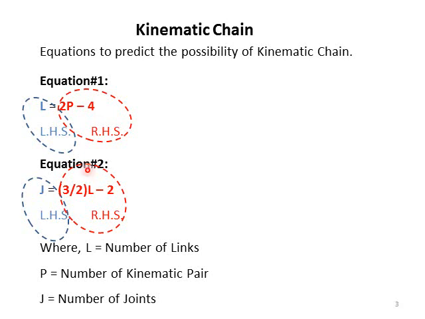Equation number 2 is J equal to 3 by 2 into L minus 2, where J is the left hand side in blue color, and 3 by 2 into L minus 2 is our right hand side in the red color. What do these L, P and J represent: L is the number of links, P is the number of kinematic pairs, and J is the number of joints.